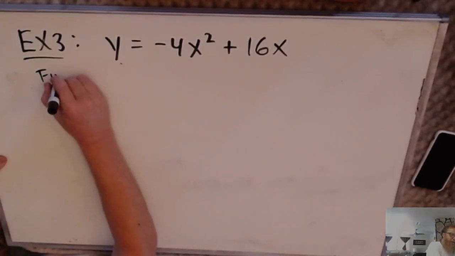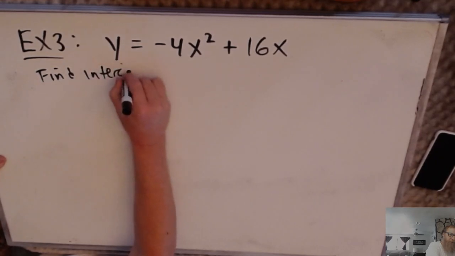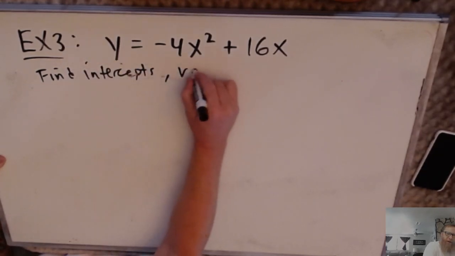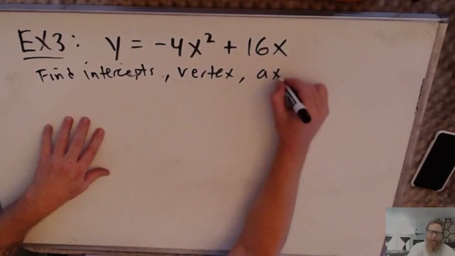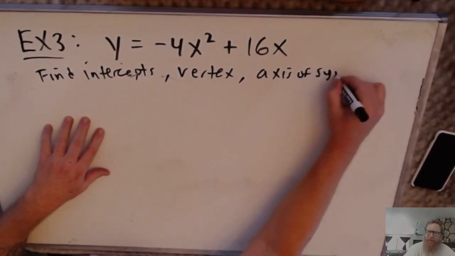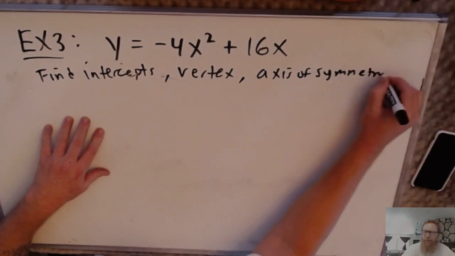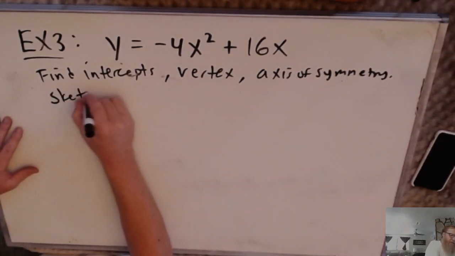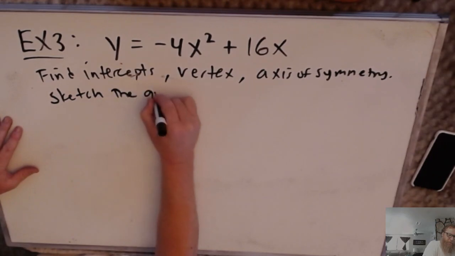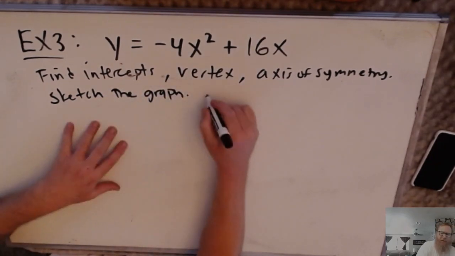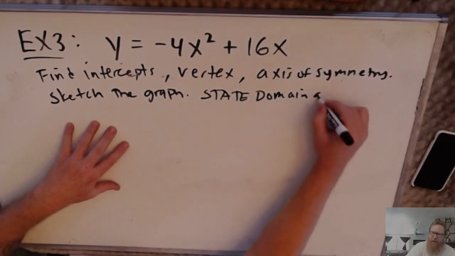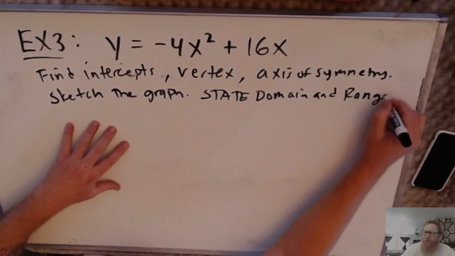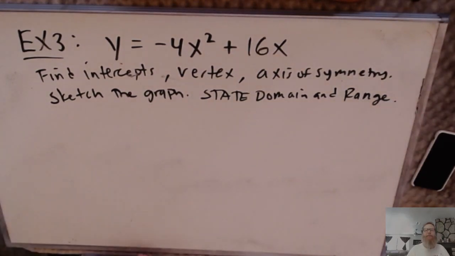Let's find the intercepts, find the vertex, find the axis of symmetry, and sketch the graph. After you've sketched the graph, state the domain and range. So the whole enchilada, as we say. Everything. I want even the olive.